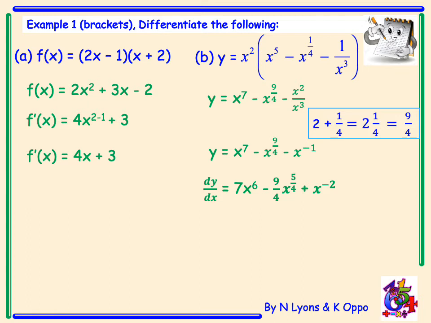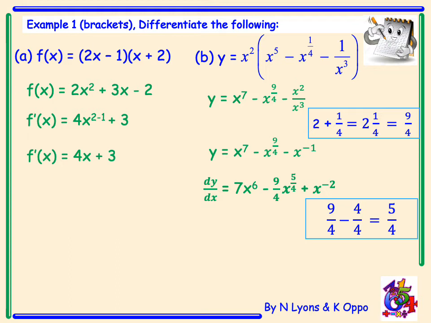Again, bring the 9 over 4 down to the front of the x, so negative 9 over 4 x. Now to get the power here, we will need to do a little bit of fraction work, which we can do here at the side of our page. So we have to do 9 over 4 take away 1, or 9 over 4 take away 4 over 4, which is 5 over 4.